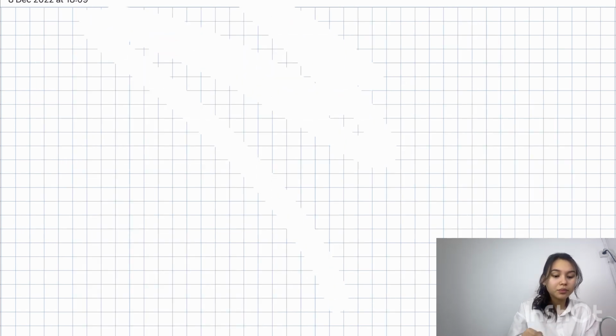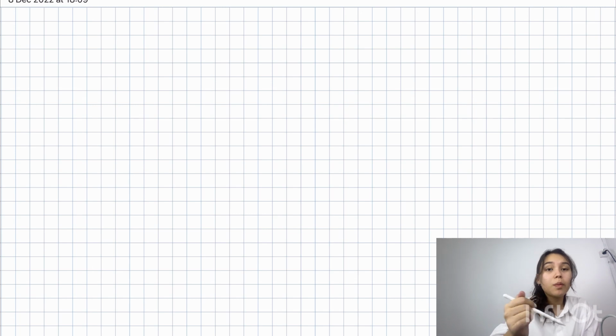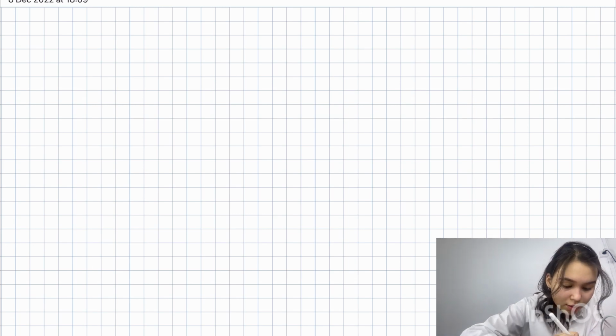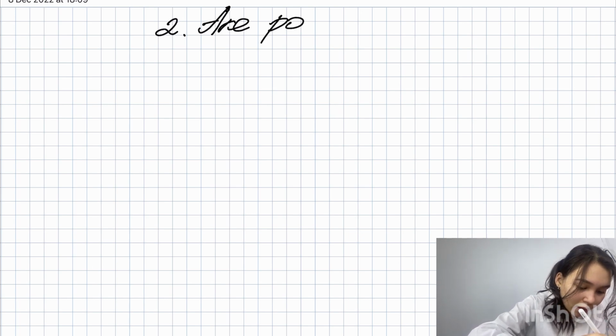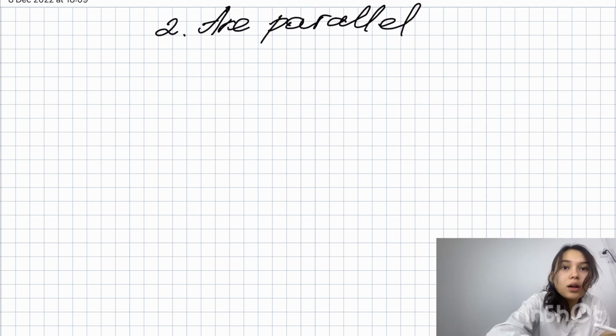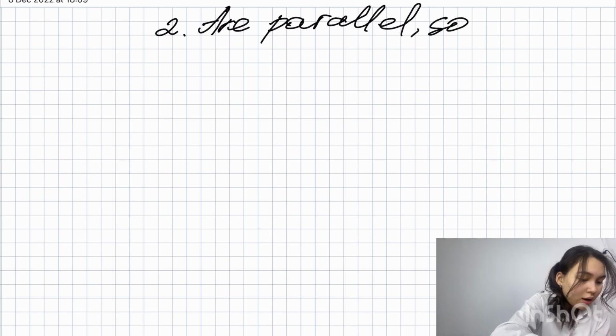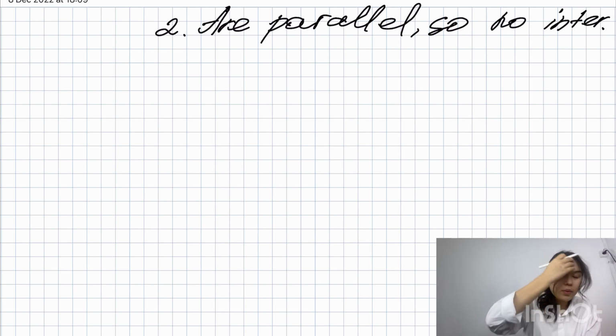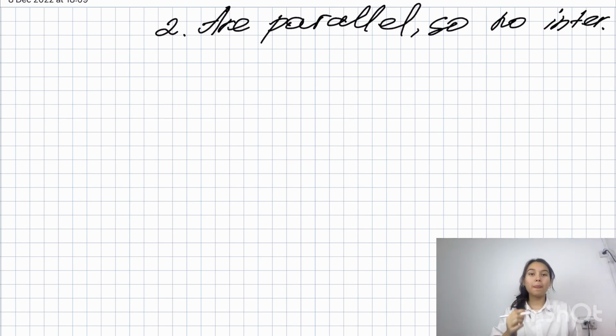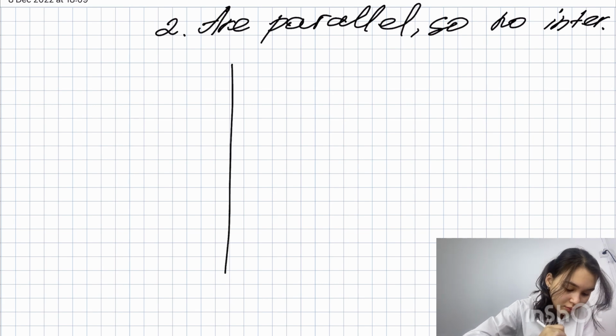Then it may be the second way, when two equations are parallel. So no intersection. For example, this.